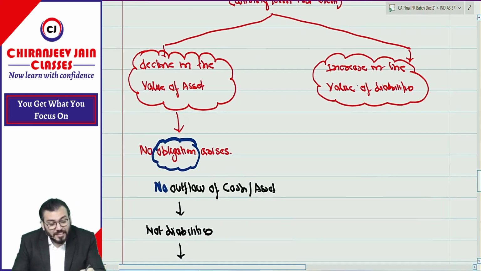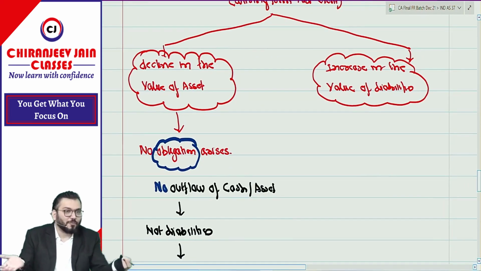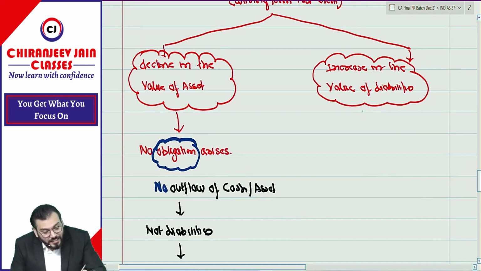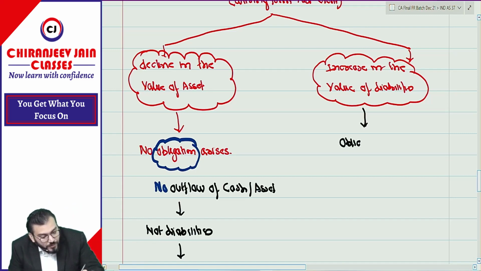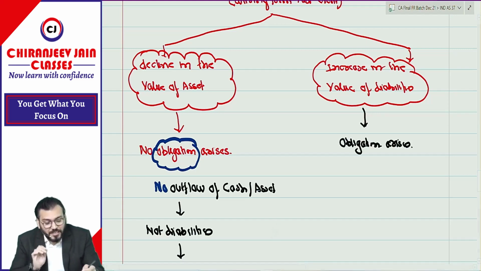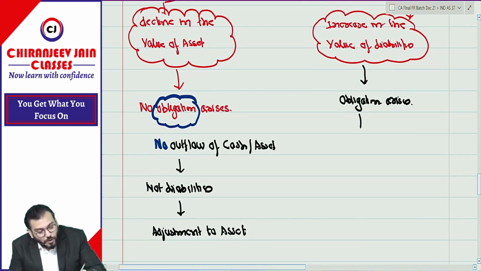Means when I am saying increase in the value of liabilities, so of course these are liabilities. So when I am saying increase in the value of liability, it will give rise to obligation. Correct. Obligation arises means there is some outflow of resource.